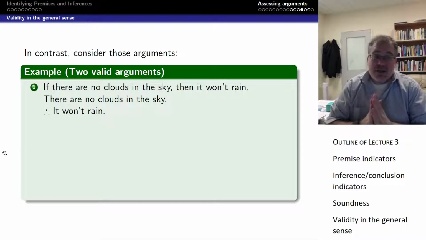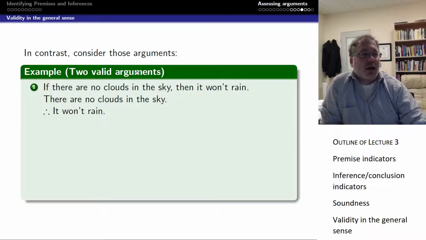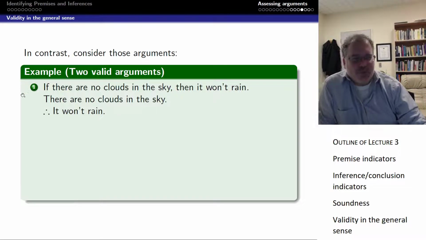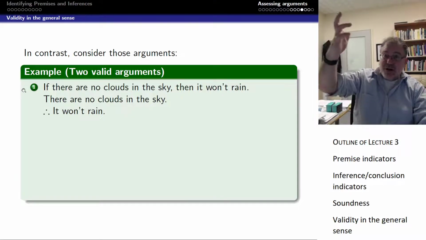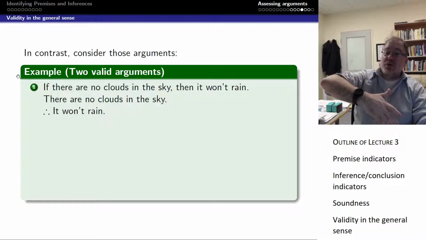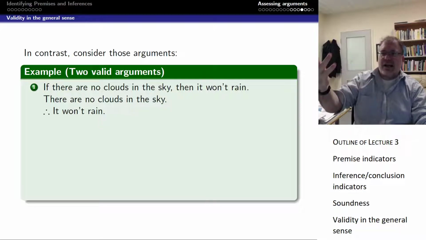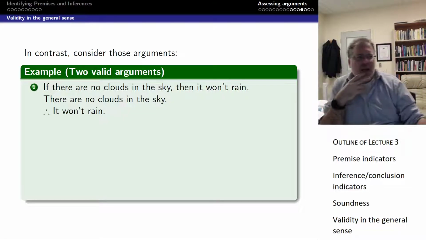In contrast, let's look at a few more examples. If there are no clouds in the sky, then it won't rain. Second premise, there are no clouds in the sky, therefore it won't rain. Now, when we look at that, whether the premises are true or false, it doesn't matter.